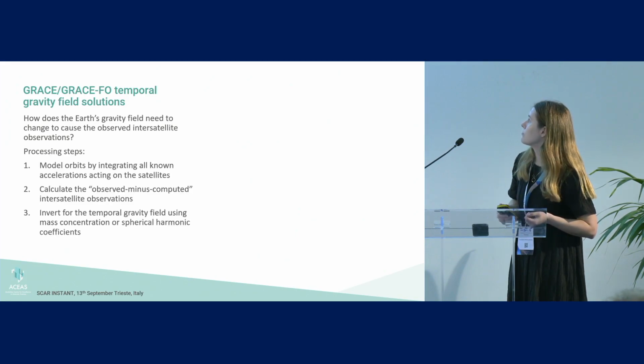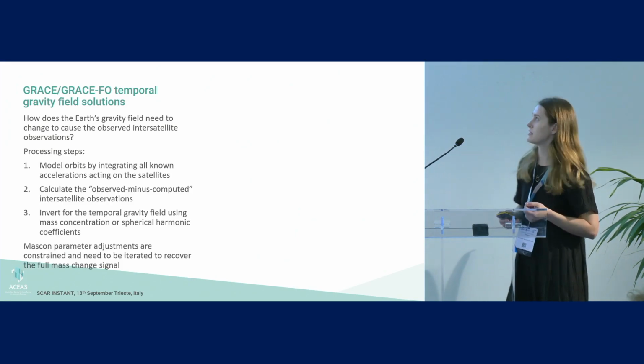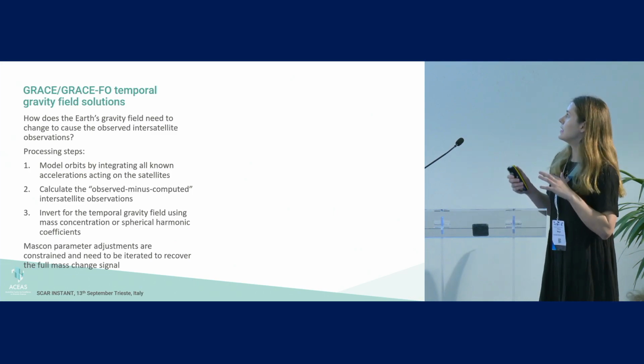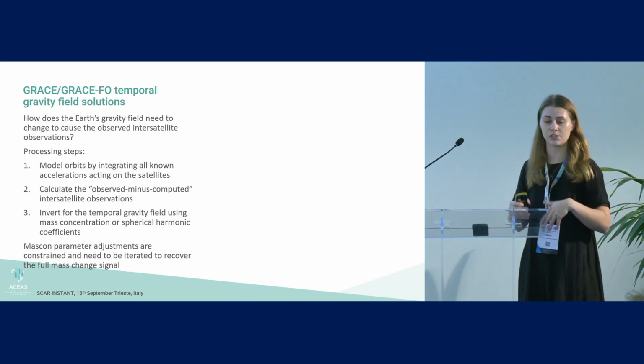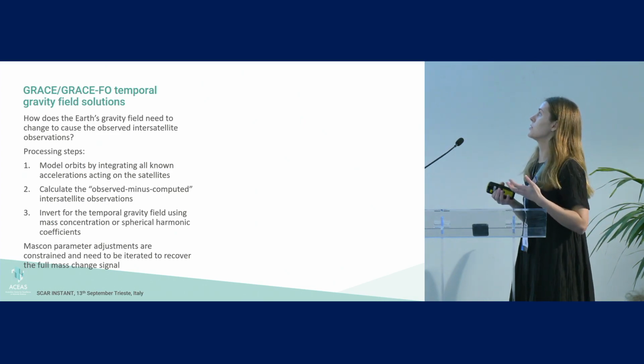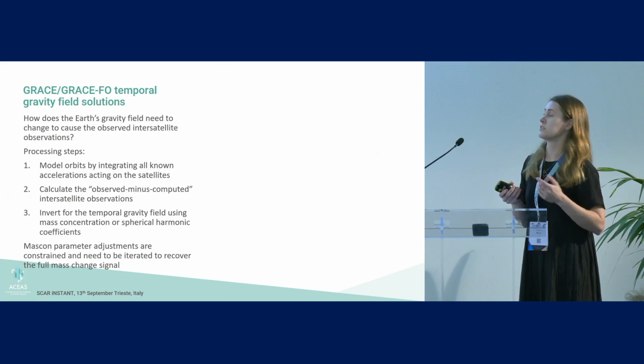Okay, so just so you understand what I'm going to go through here, I'm going to describe briefly the processing steps that we have to go through to generate mass balance models from the GRACE and GRACE follow-on data.